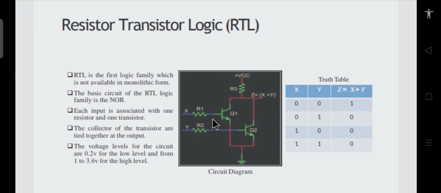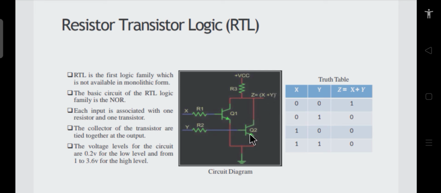If both inputs are 0 0, then the input current will be so low, because this voltage, if you apply, and this is ground, if it is low, then this voltage is not sufficient to drive VBE. This voltage should be greater than VBE, the base to emitter voltage of Q1, to operate this Q1.